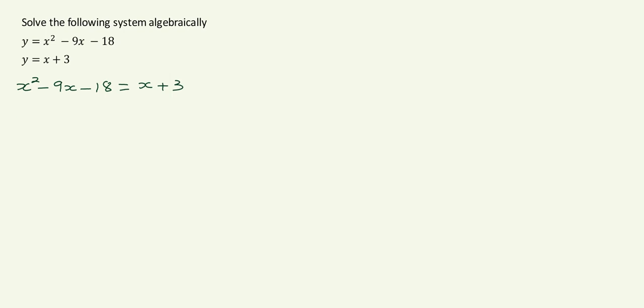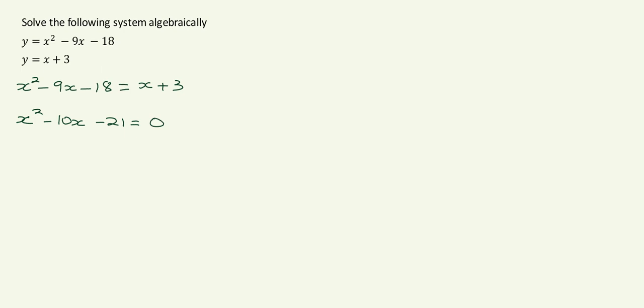So now we have, grouping common terms, x squared minus 10x minus 21 equal to 0.